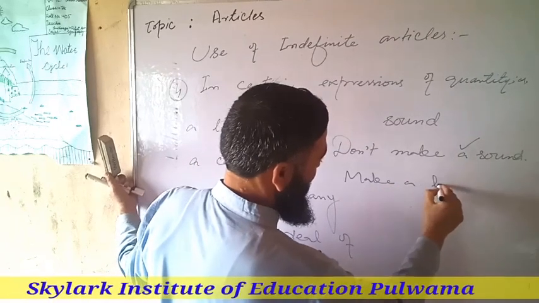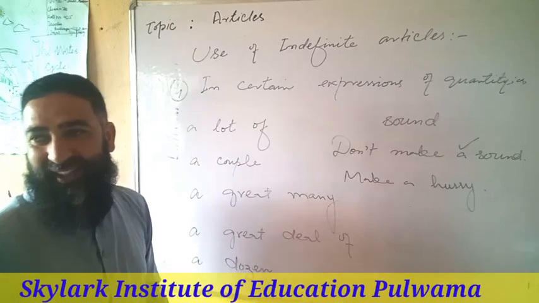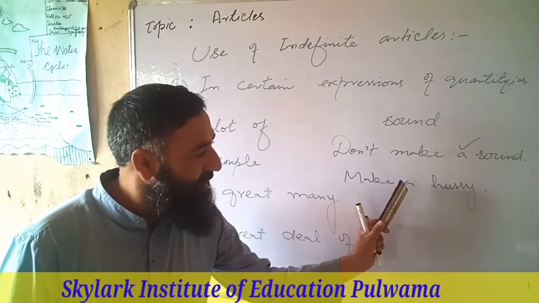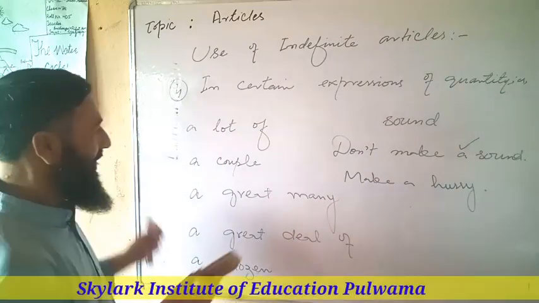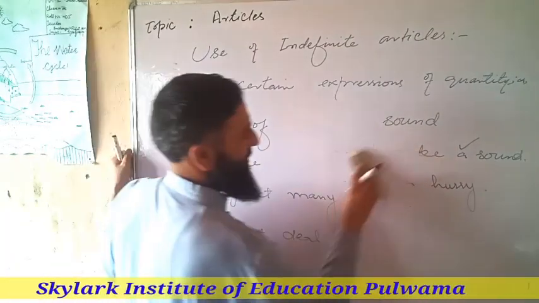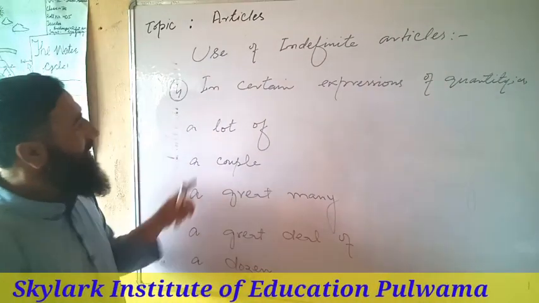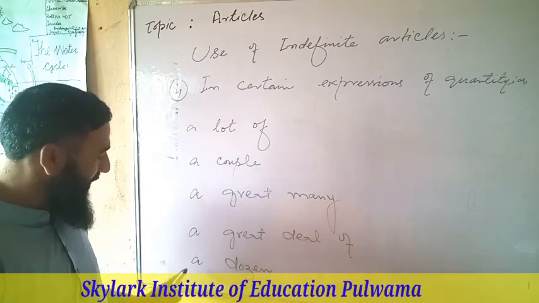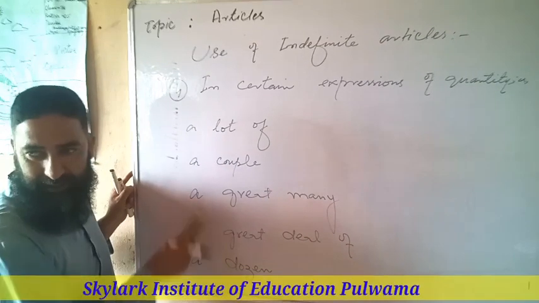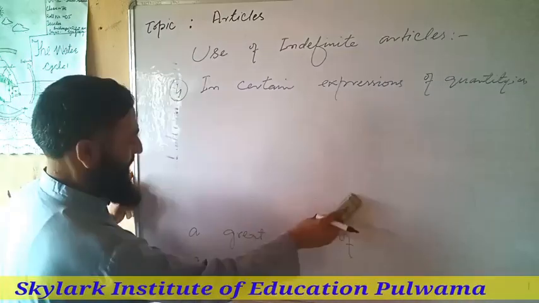See, this word hurry is also an uncountable noun, and you use a with it. These are exceptions and these are out of rule, I mean to say. So you have remembered that in certain expressions of quantity you use indefinite articles. Have you penned them down? Okay. Then we'll move on.